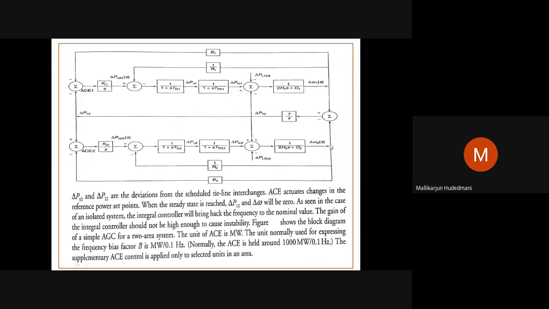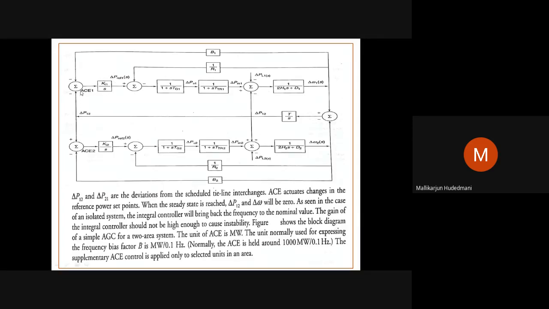That made a feedback path of delta omega, meaning the frequency deviation, with the area composite frequency bias beta 2, as well as beta 1 in the first area, feeding it to the summing block along with the exchanged mismatch power, as a signal called area control error, ACE 2 in area 2 and ACE 1 in area 1, which was input to the integral controller.